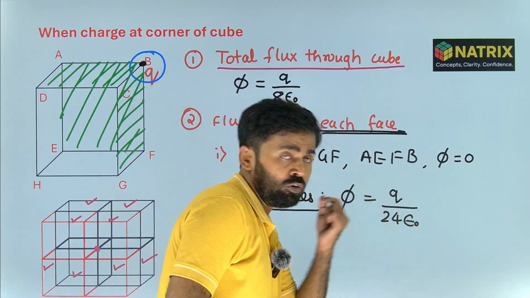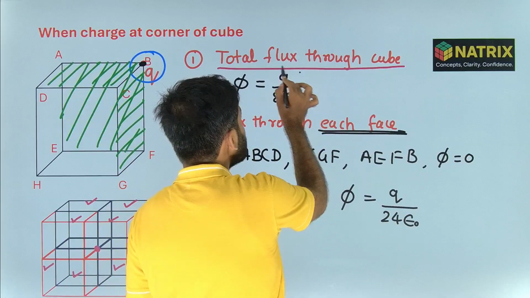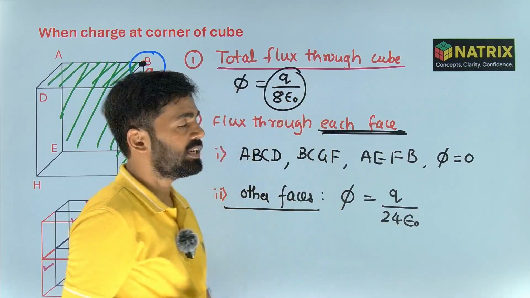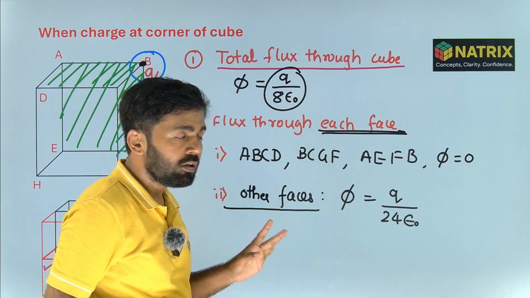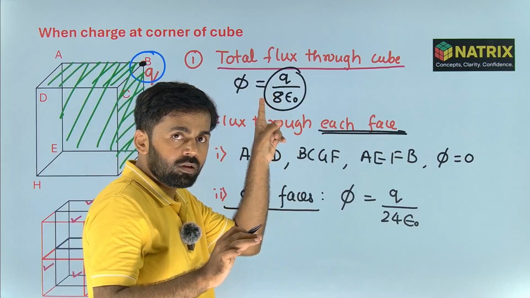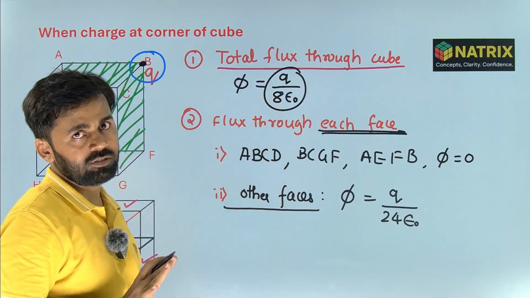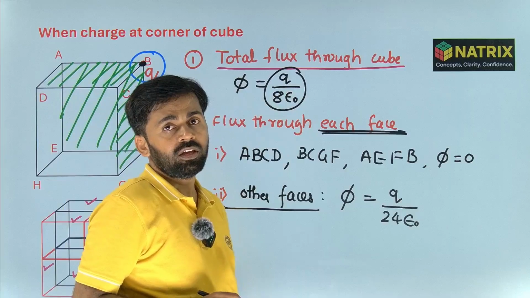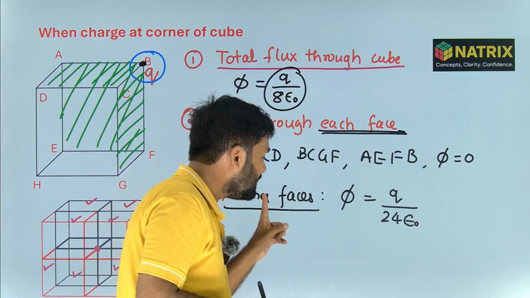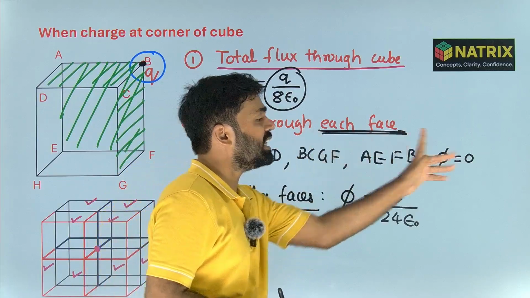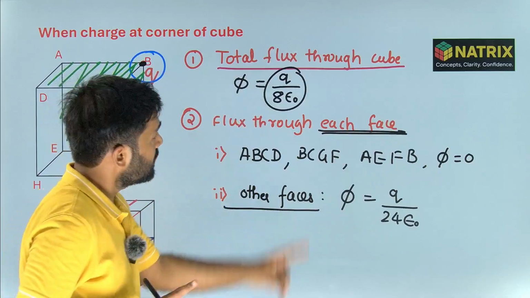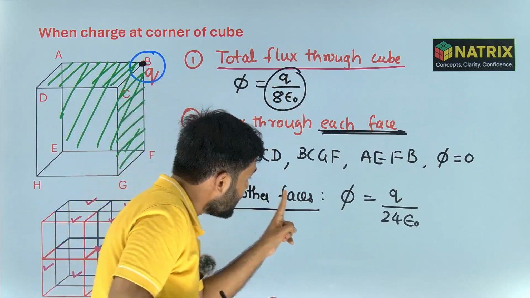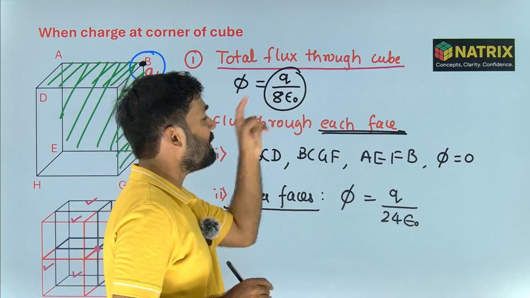Sir, why 24? What is your total flux through 1 cube? Q divided by 8 epsilon naught, we have. For 1 cube, I want through 1 face. This flux is shared by how many faces? Only 3, because through these 3, flux is 0. This flux is shared by only 3 faces here. So divide by 3.